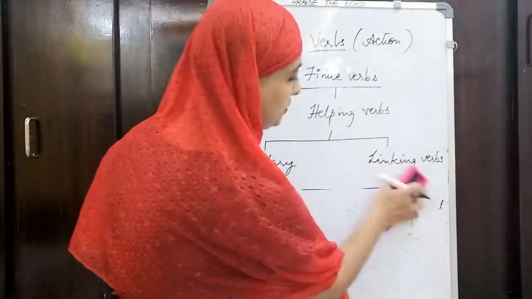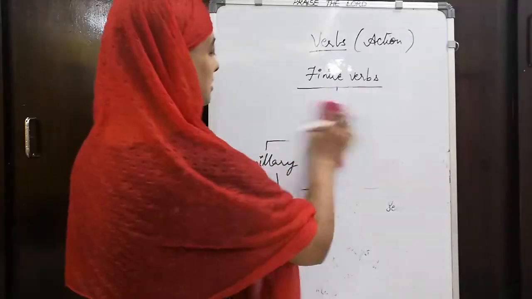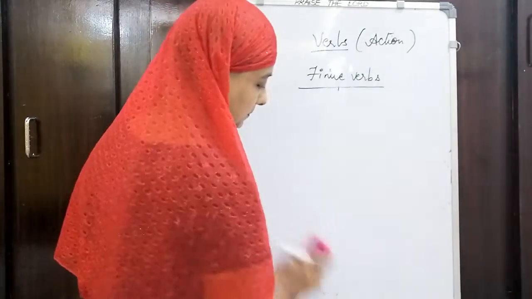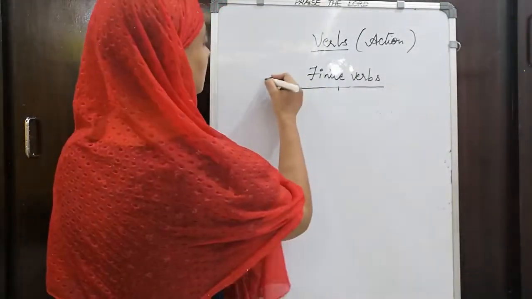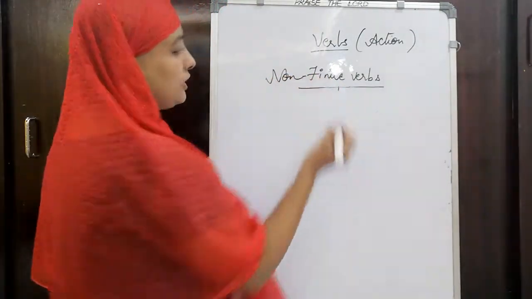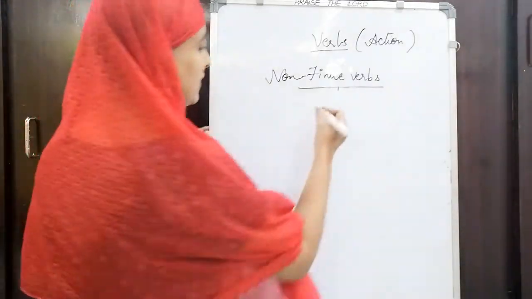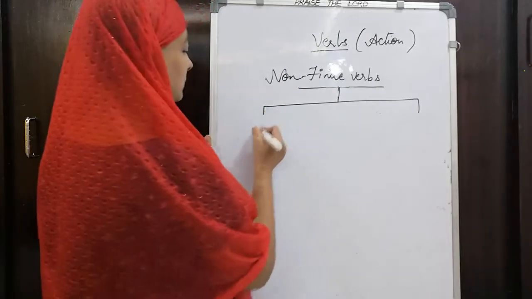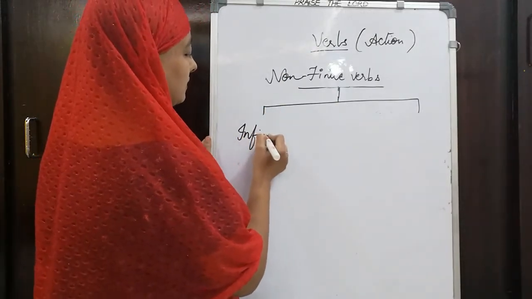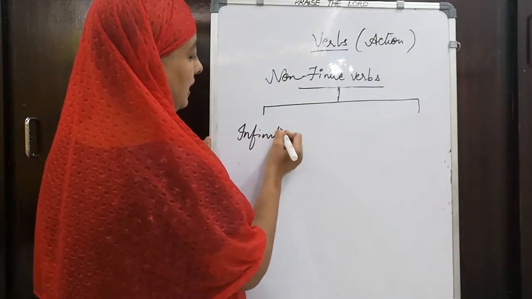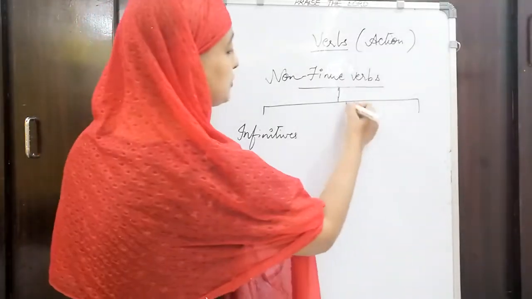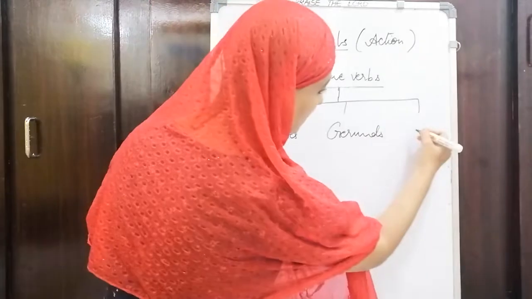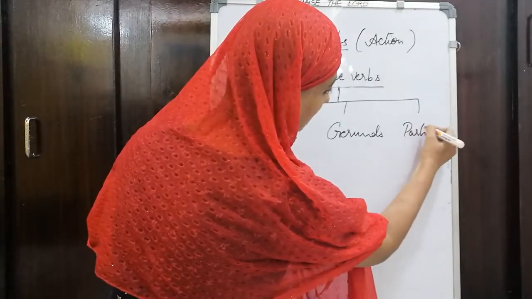Now coming to non-finite type. In non-finite type, these are classified into three: infinitives, gerunds and participle.